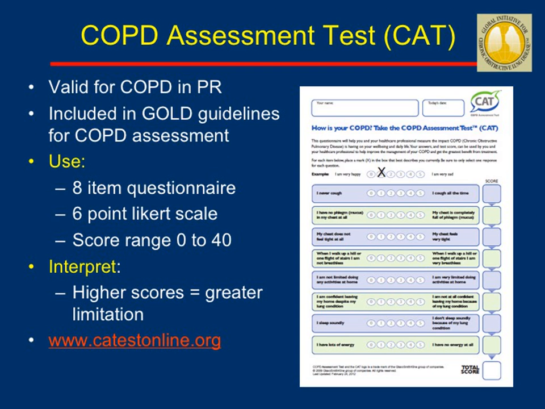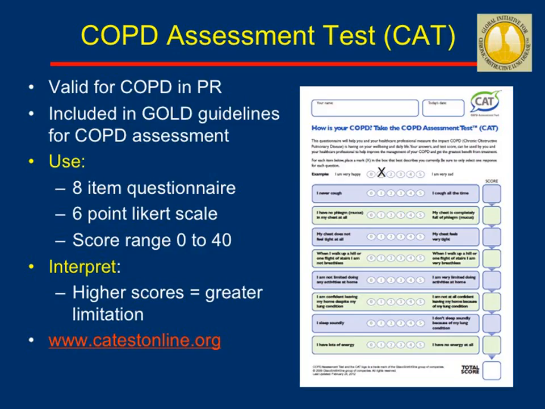So the CAT came out a few years ago, again from Paul Jones, the same author as the St. George Respiratory Questionnaire. It is valid in COPD and pulmonary rehab. It is part of the GOLD guidelines for COPD assessment. There's 8 questions, and it's a 6-point rating scale, and the score ranges 0 to 40.